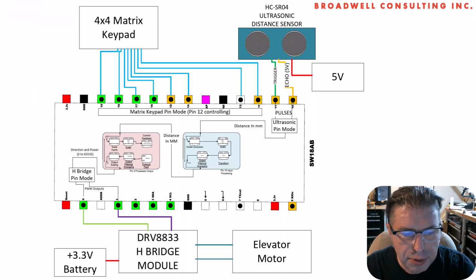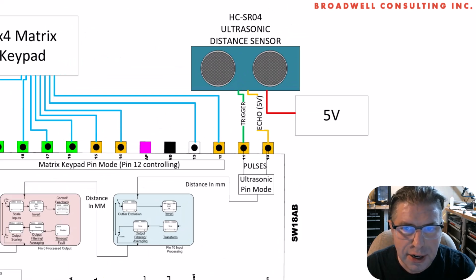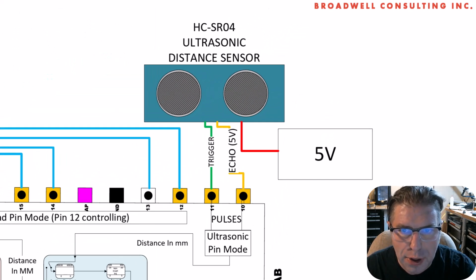So now let's just real quick review everything that we configured in this project. We started with the HC-SR04 Ultrasonic Distance Sensor. We hooked that up to pins 10 and 11 because these are 5-volt pins. This sensor requires 5 volts to run, and the echo response that it comes back is a 5-volt input, so it has to go to one of these yellow pins right here.